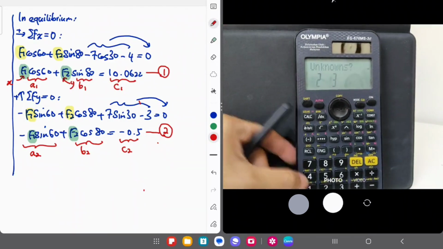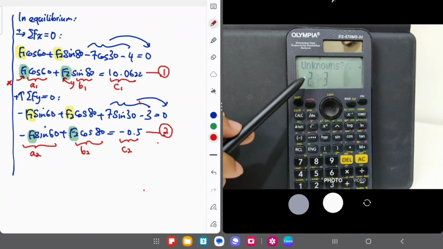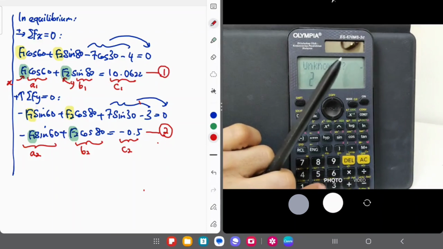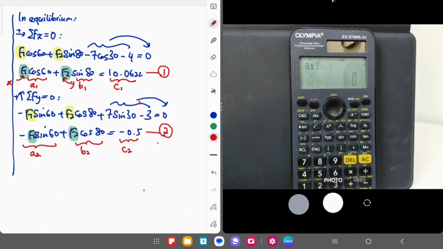You press 1, and the calculator will ask how many unknowns there are in your equation. Based on our equation, we have two unknowns, f1 and f2, so you key in 2. Immediately the calculator will ask you the value of a1.